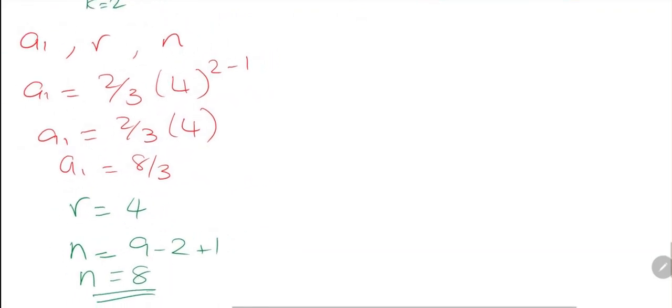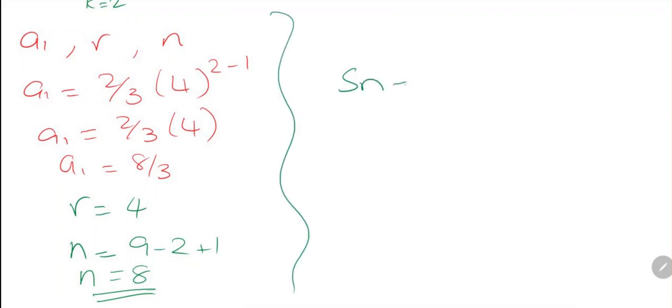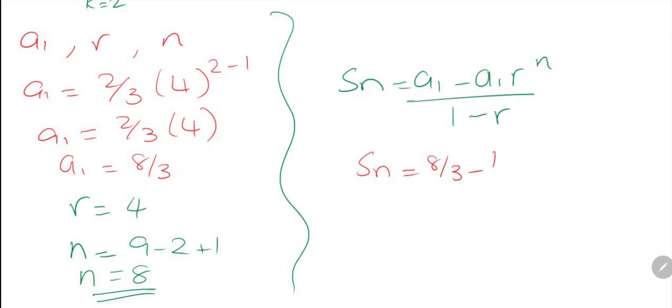So writing down the formula, Sn is a1 minus a1 r to the n divided by 1 minus r. And we substitute in the values. So Sn is 8 over 3 minus 8 over 3 multiplied by 4 to the power 8 divided by 1 minus 4.